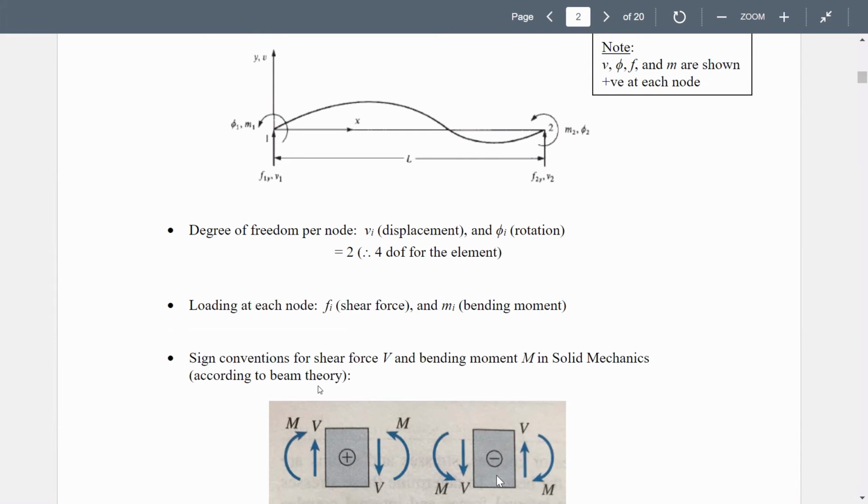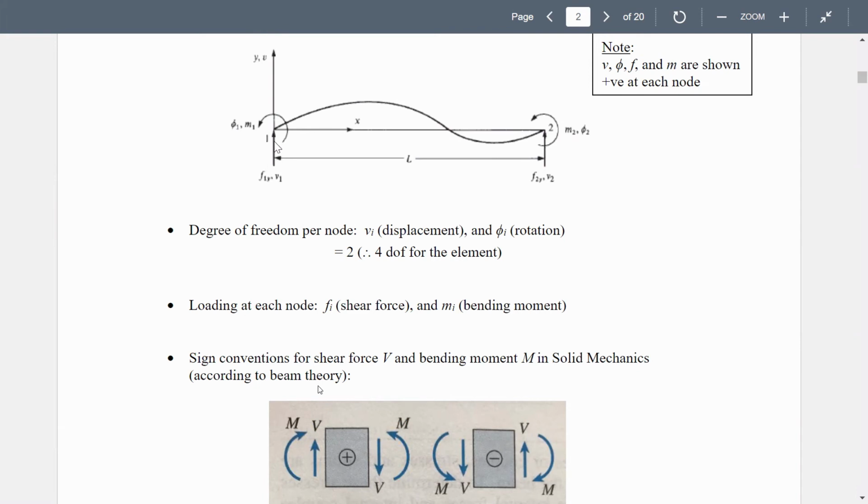So I have a few questions for you. This F1y, in finite element methods, is positive upward. In solid mechanics, is it the same or not? Compare it to this one.